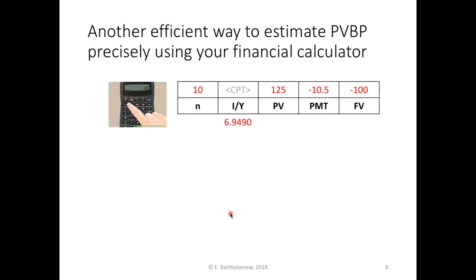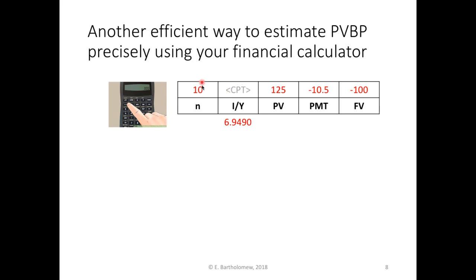And that's typically what would be done. Now, another efficient way to estimate it, and one I actually prefer, is rather than doing the up and down and averaging it, you can do a very small change and then multiply it. So let's start by computing the yield to maturity. We input everything but the yield.